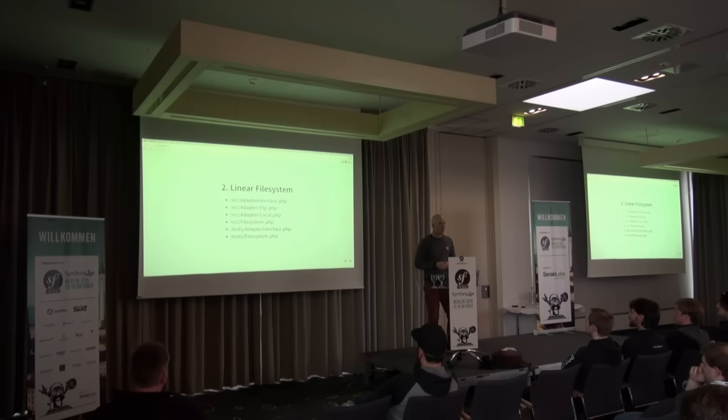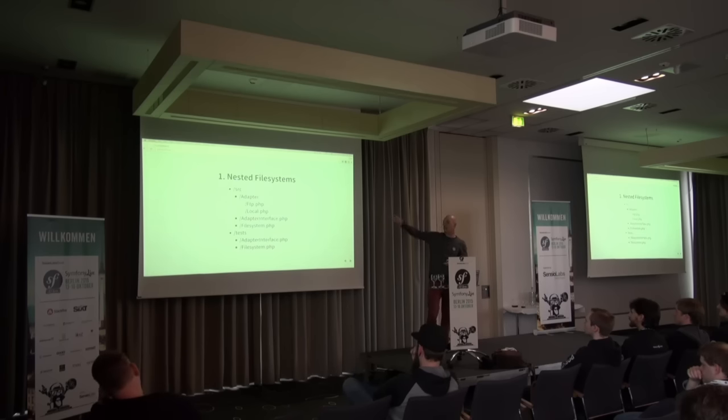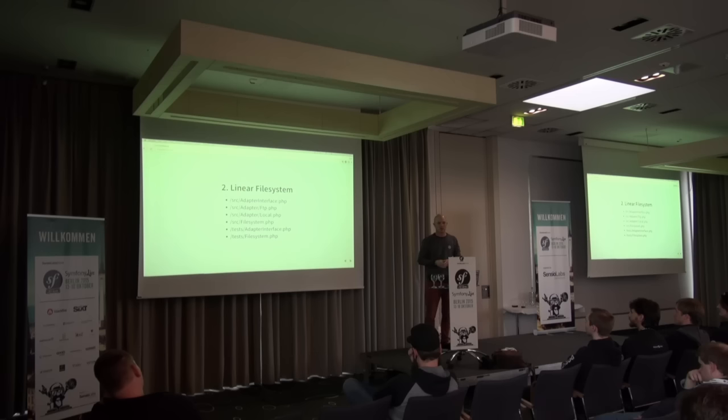The other thing that we have is linear file systems. And in a linear file system, things work a bit differently. So here what you can see is we still have paths, but there is no nesting anymore. While the other was clearly nested, this is just a full path.